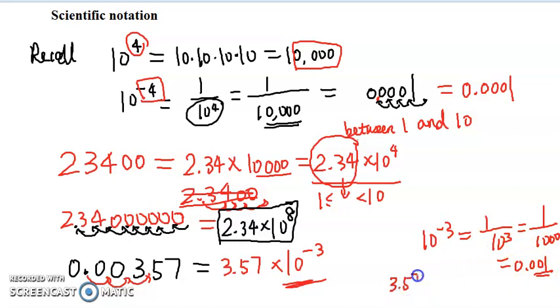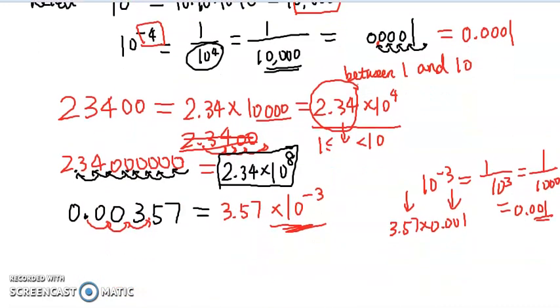So 3.57 times 0.001: we have 2 decimal places here plus 3 decimal places here, for 5 decimal places. And if you look, 1, 2, 3, 4, 5 decimal places in the answer. So that's how we write it.